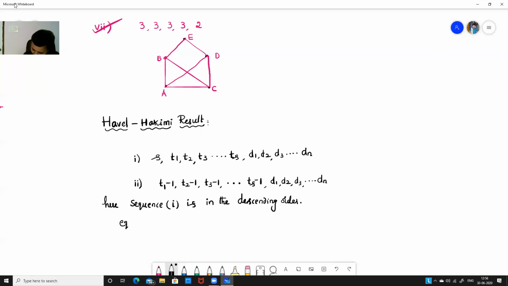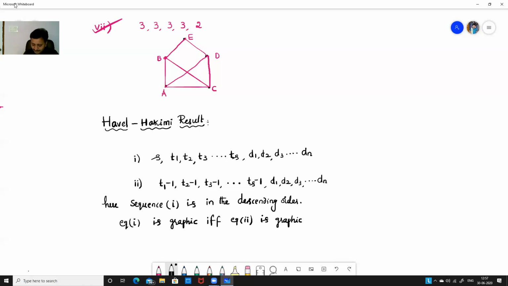Equation one is graphic or graphical sequence if and only if equation 2 is graphic. What does it mean? If equation 2 is a graphical sequence, then obviously equation 1 is also a graphical sequence. Or if equation 1 is a graphical sequence, then equation 2 is also a graphical sequence.